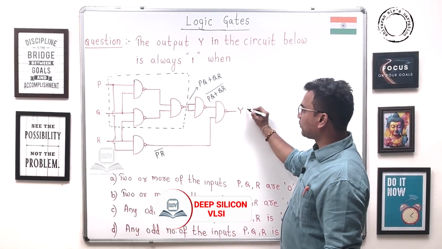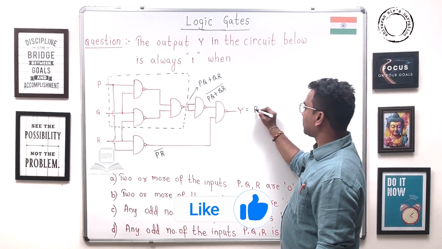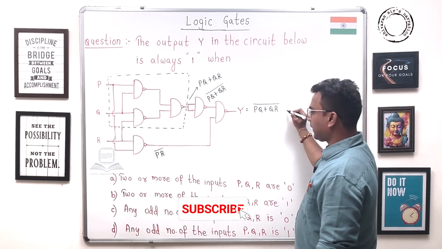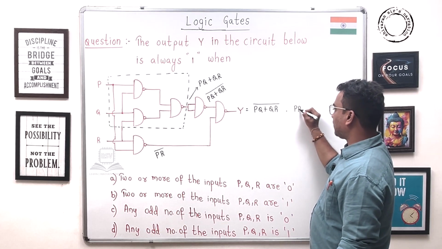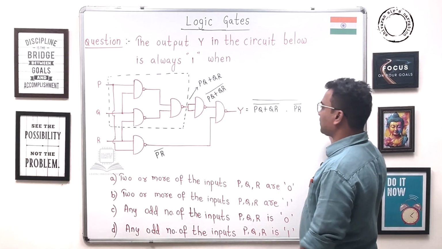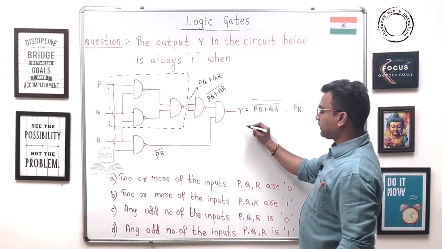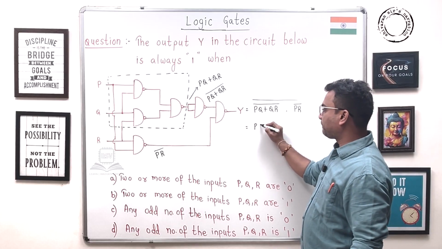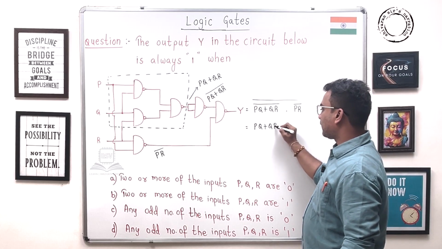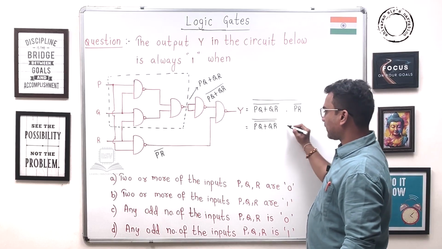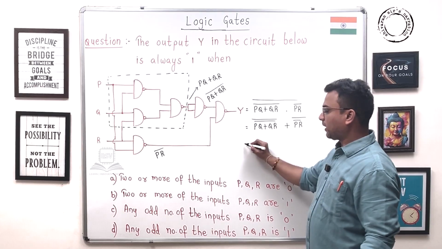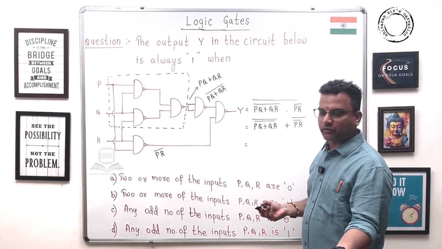Now guys, what is the output expression Y? It is ((PQ plus QR) whole bar into (PR) whole bar) whole bar, because it is a NAND gate. By using De Morgan's theorem, if you simplify, you get ((PQ plus QR) whole bar) whole bar plus ((PR) whole bar) whole bar, and you know A bar whole bar is A only.